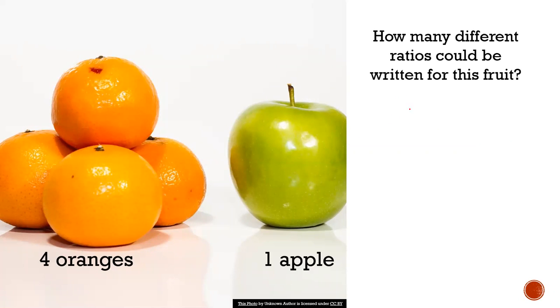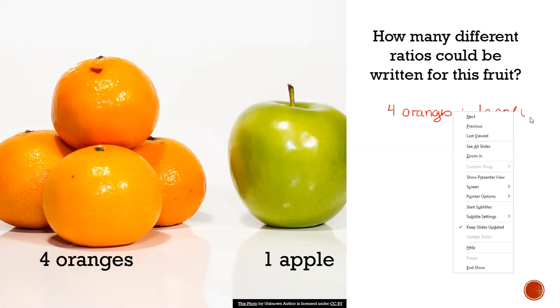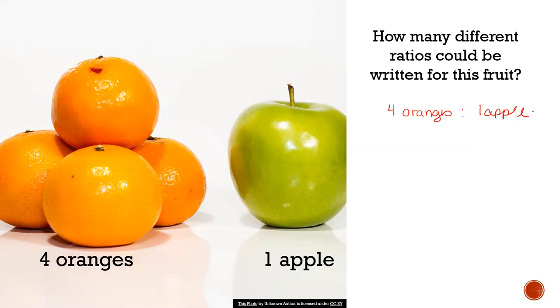So we've already seen one ratio that we could write for this fruit. We could say there's 4 oranges to 1 apple. That's one way of describing the orange-apple relationship. We could also flip the ratio, and that's another ratio. We could say we have 1 apple to 4 oranges.